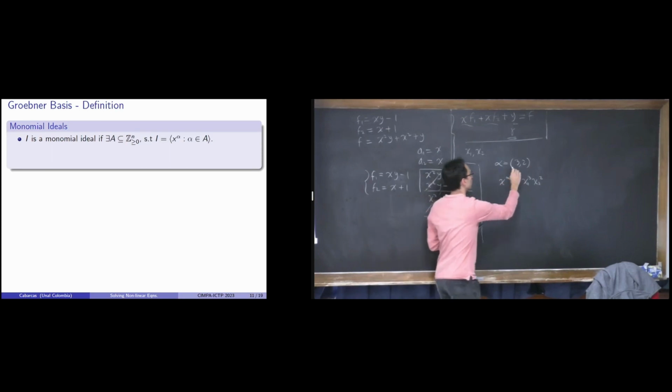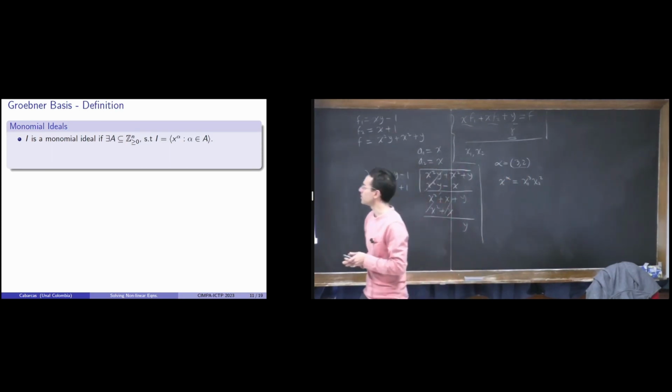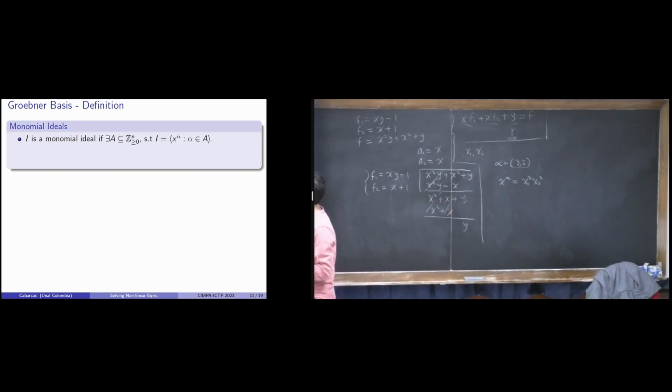That's what we're going to mean by this. And what I'm saying here is that this ideal is generated by a set of monomials, so each one of the generators is simply a monomial.